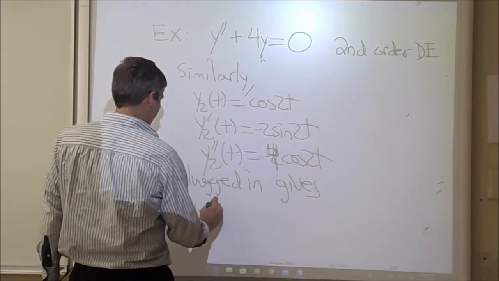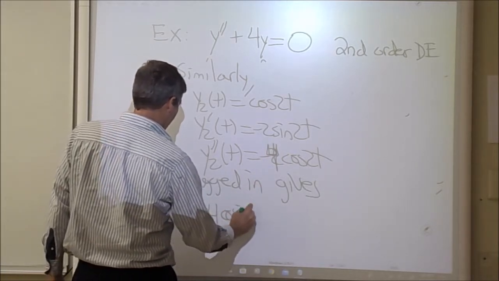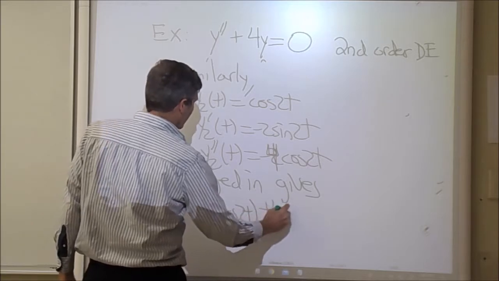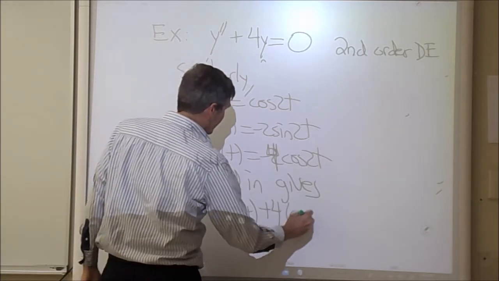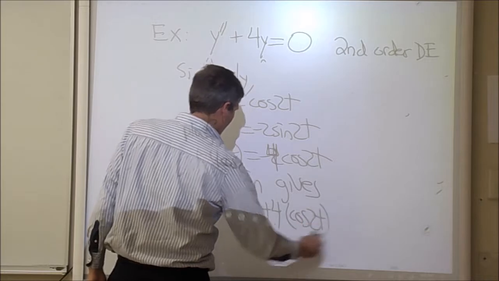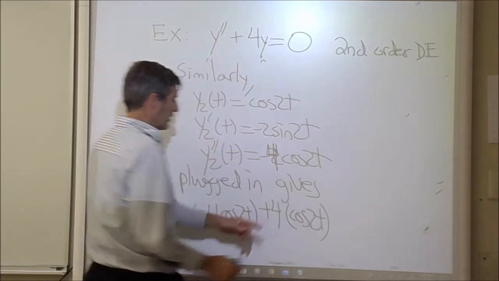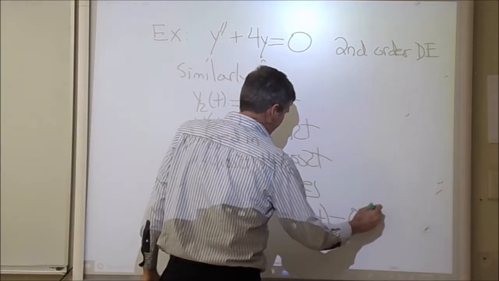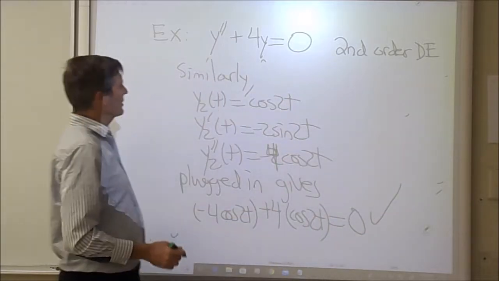And you get minus 4 cosine 2t plus 4 times, plug in y, cosine 2t. Well, minus 4 cosine 2t plus 4 cosine 2t is 0. Sure enough, cosine 2t is also a solution.